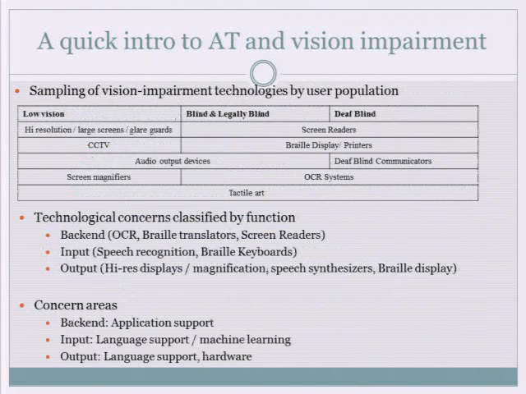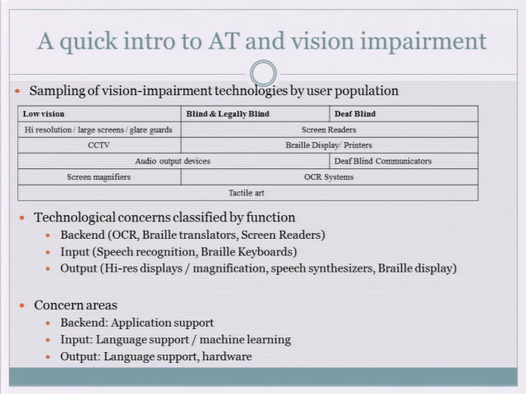So, a quick introduction to assistive technology and vision impairment. I'm guessing a lot of you are already familiar with it, but there are 3 types of populations that we are broadly interested in. People who have low vision, then there are people who are blind and legally blind, and the third is people who are deaf-blind. In the low vision category for assistive technologies, you primarily have technologies around some form of magnification or making existing text better available.